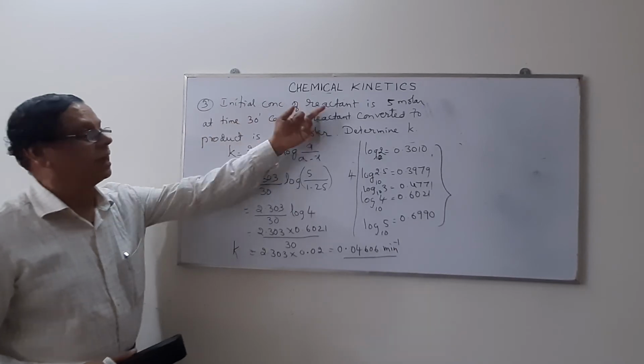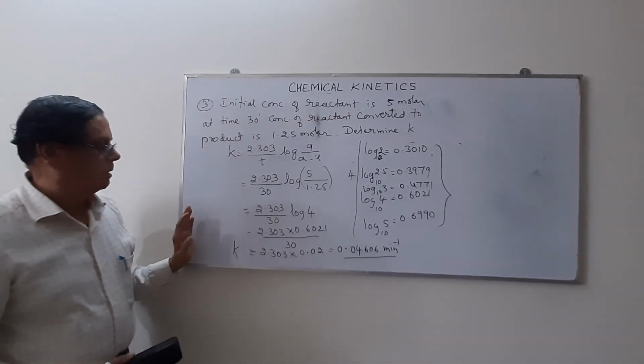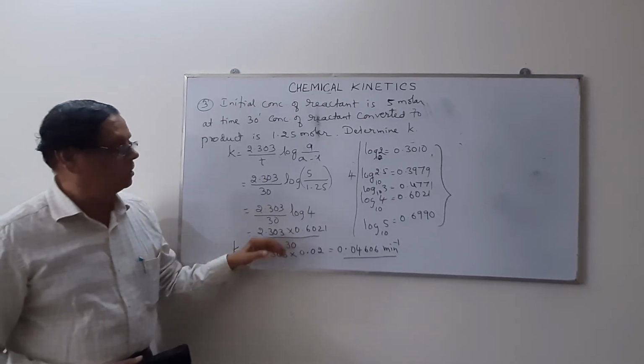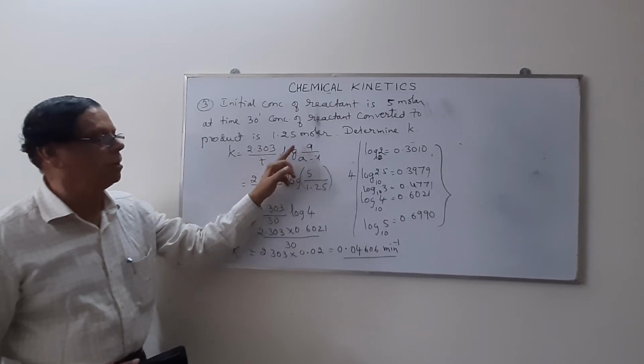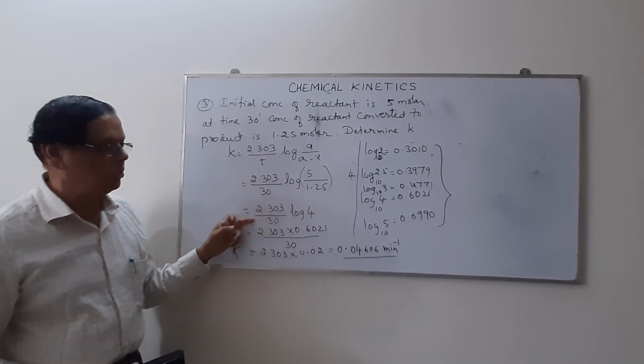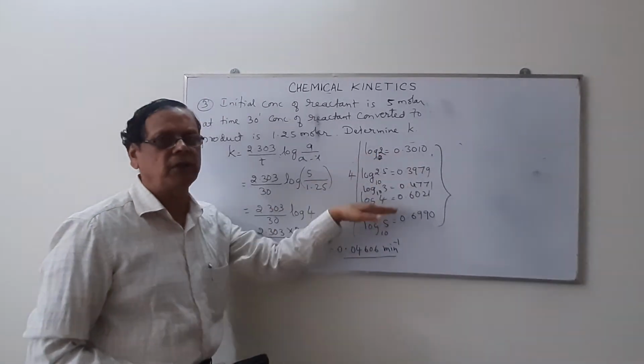If you are given directly the values like this, you can calculate the K value by directly substituting in 2.303 by t log a by a minus x. For this type of calculation you are supposed to remember at least some logarithms.